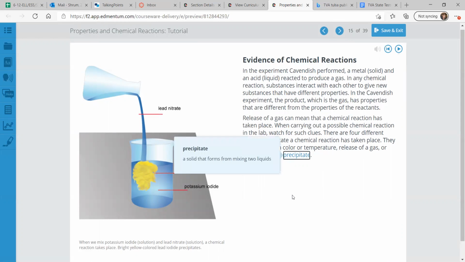And a precipitate is a little solid that forms from mixing 2 liquids. So if you mix liquids together and a little solid starts to form, there is a chemical reaction taking place.